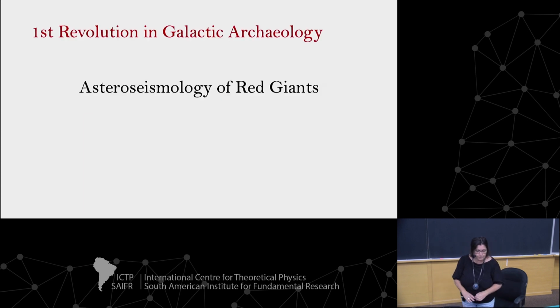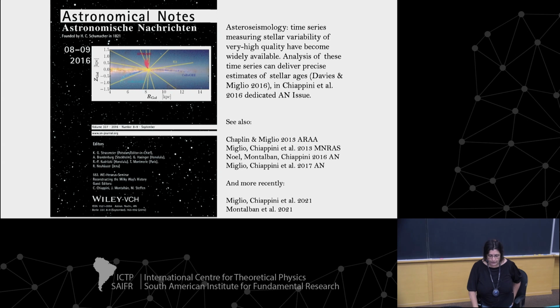Okay, so let me just briefly tell you about the asteroseismology of red giants. I'm going to focus on red giants, not the ones that people are focusing on for planets, okay? It was discovered in 2009. In 2010, these things started becoming a big thing.